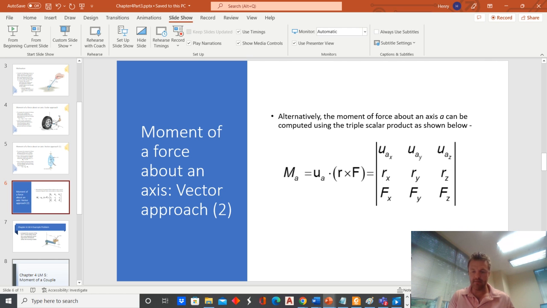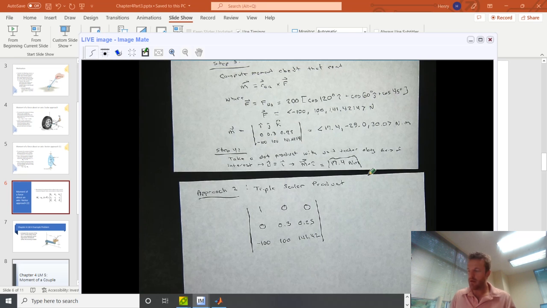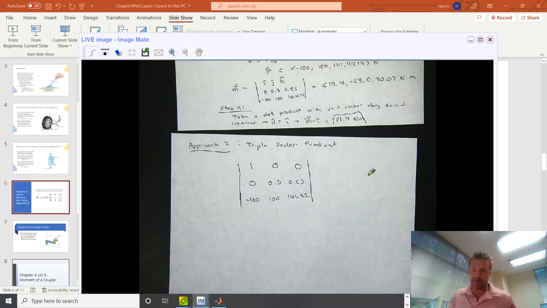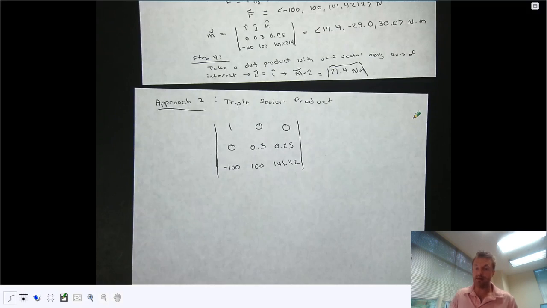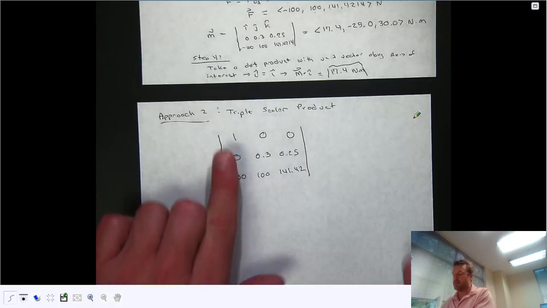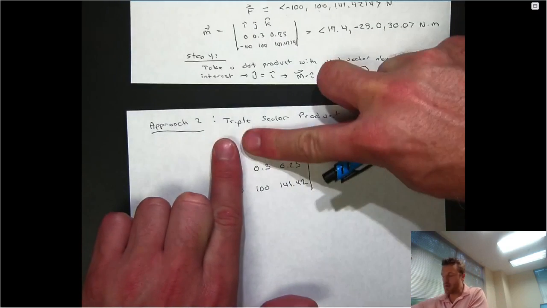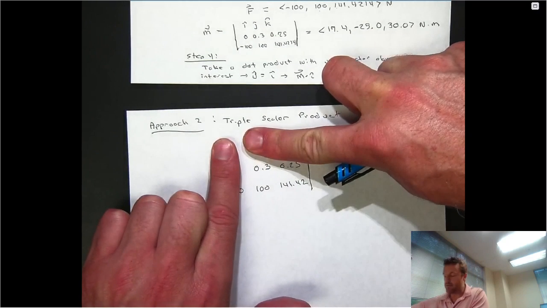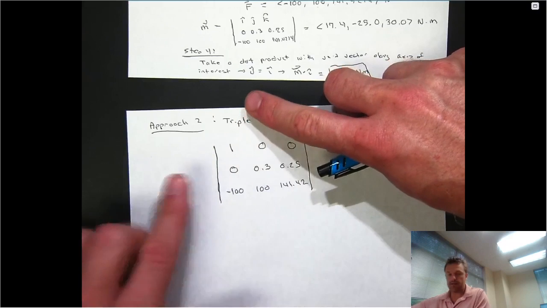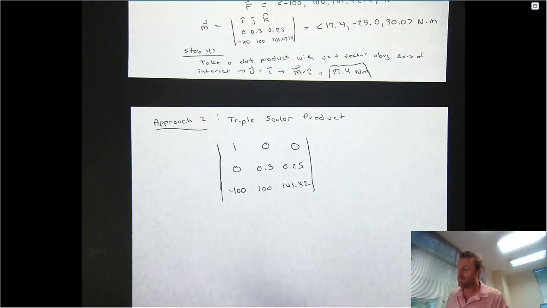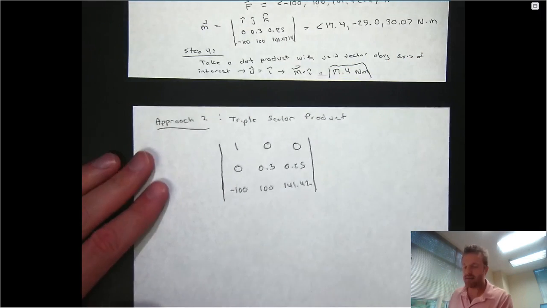Now look at what happens here when you go back to looking at this written on the .cam. If you were to do a cofactor expansion and determine the determinant of this matrix, remember the way you do it is you cover the first column, first row, take the determinant of the remaining matrix, and then repeat that. But what will happen here is, let's just write it out real quick.